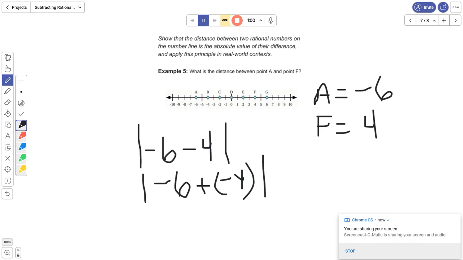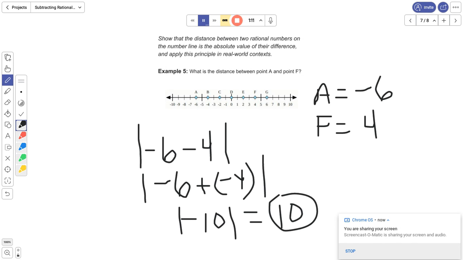And negative 6 plus negative 4 is negative 10. And the absolute value of negative 10 is a positive 10. Now let's test and see if this actually is true. So if I start at A and I go 1, 2, 3, 4, 5, 6, 7, 8, 9, 10. The distance between A and F is 10 units.